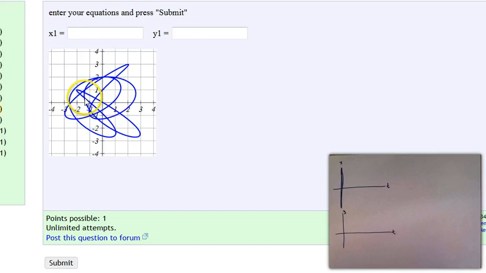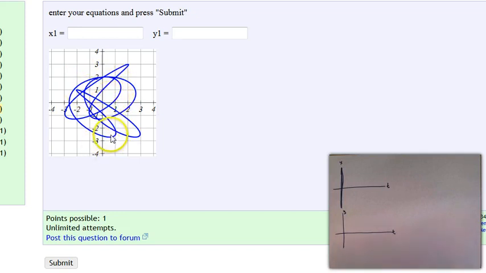But maybe what's happening is you're going from this close one up to that outer one, and then loop through, and then from this inner one to that outer one. It's not clear to me which way that should go. So I'm going to try it one way and see what happens.